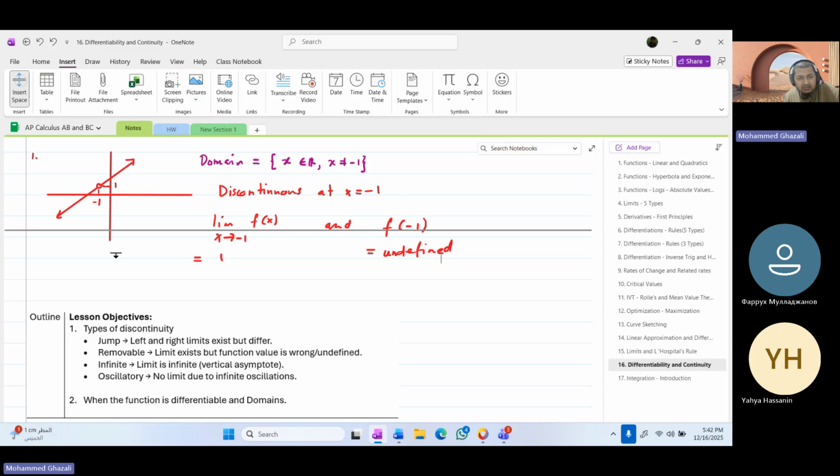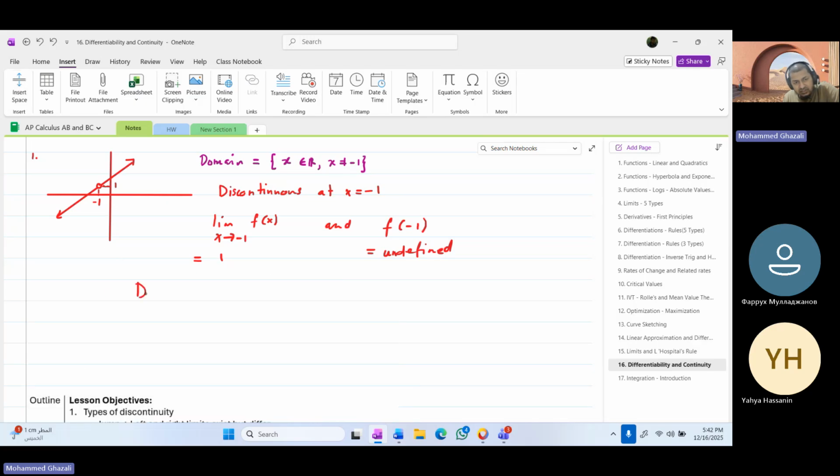So we say this function f is discontinuous at x equal to -1, and the type of discontinuity is removable discontinuity.